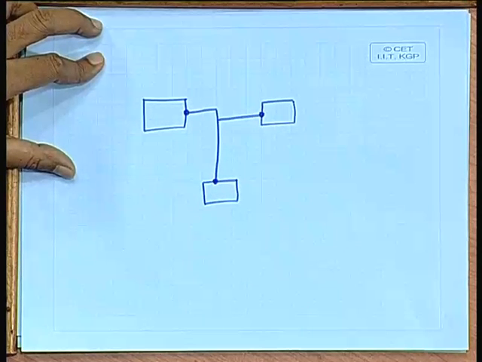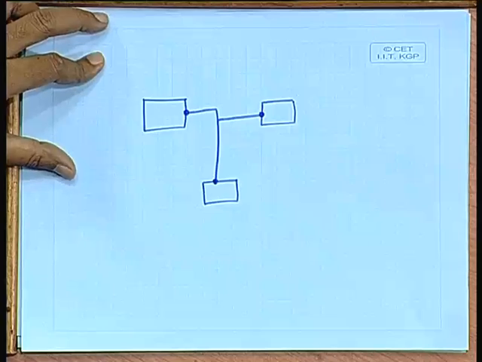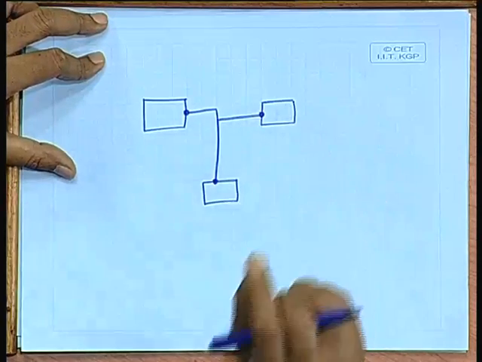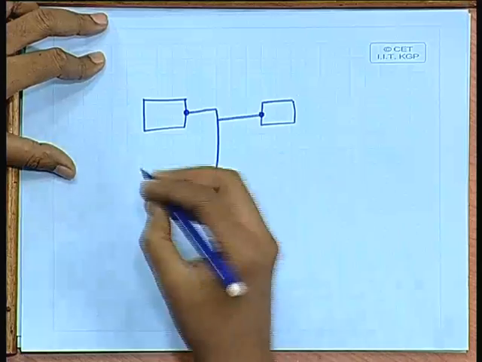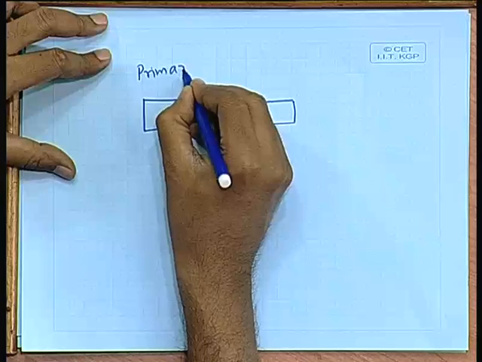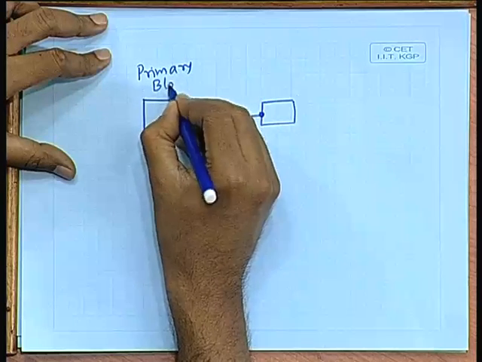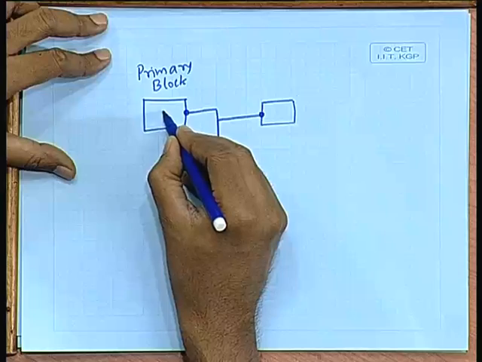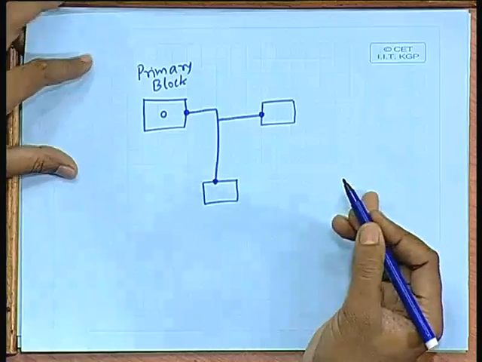Now, the way this method progresses is that you identify one of these 3 blocks as the primary block. Let us say this one you define as the primary block, and this point you assume to be at the center of the primary block.